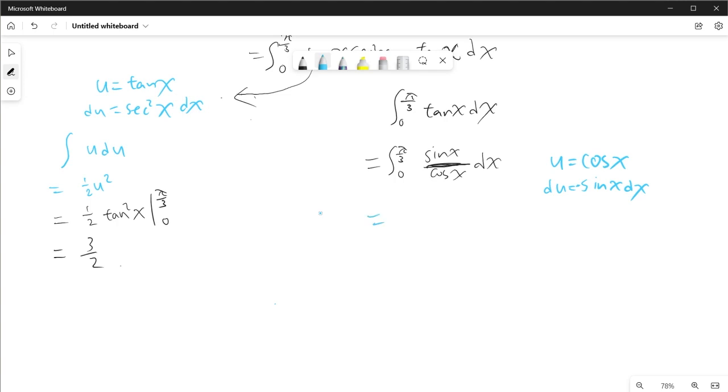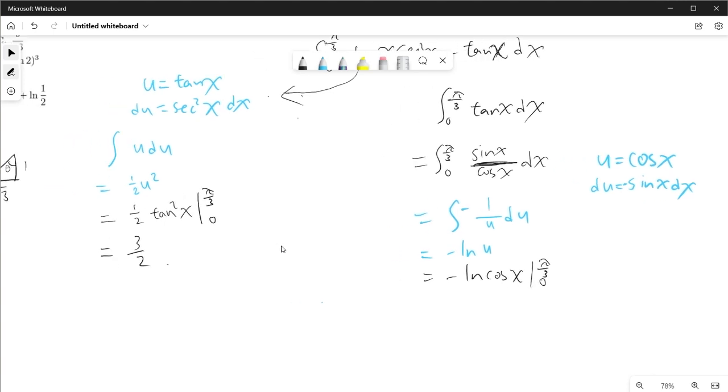So in turn, it will be negative 1 over u du. That will be negative ln u, and then I plug x back in for u, which will be negative ln cosine x, evaluated from 0 to pi over 3.